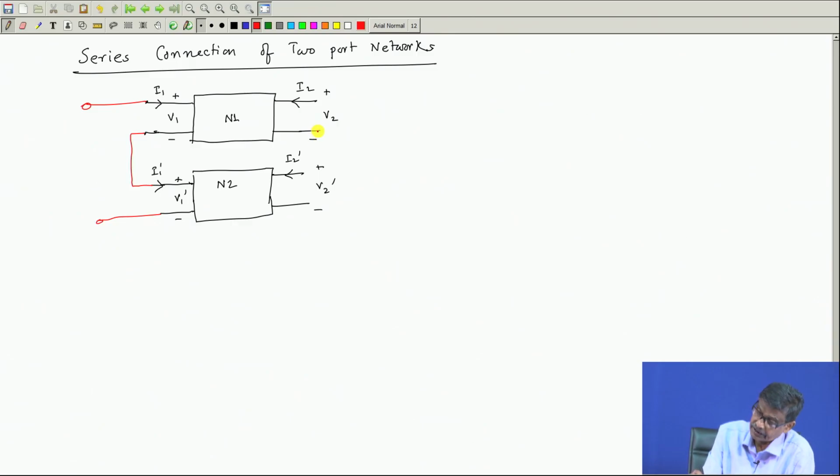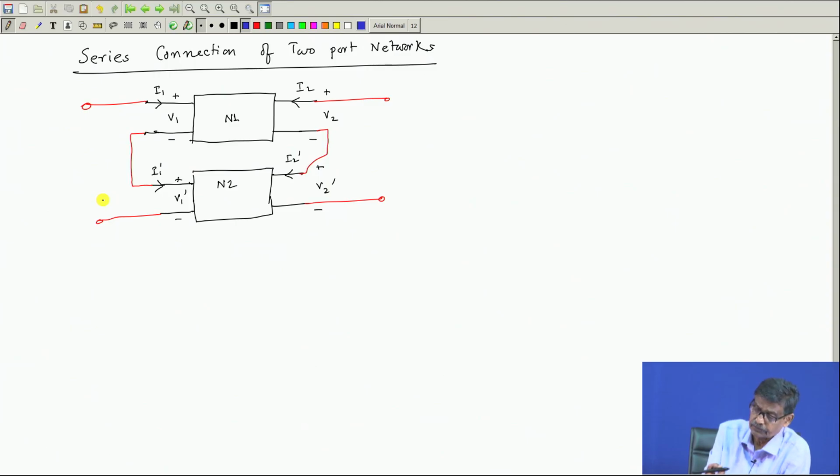Similarly, on the output side, you connect them in series and treat these two as output terminals.